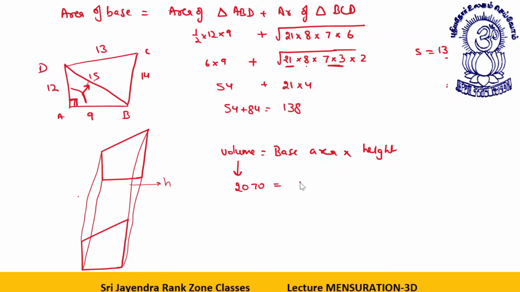Base area we have found out, 138 into height h. Okay, dear students. Now, if I cancel 2070 with 138, I see that this number is 69 into 2 and this number is 69 into 30. So 69 and 69 cancel. So you get 30 by 2 is equal to h, or h is equal to 15 centimeter.